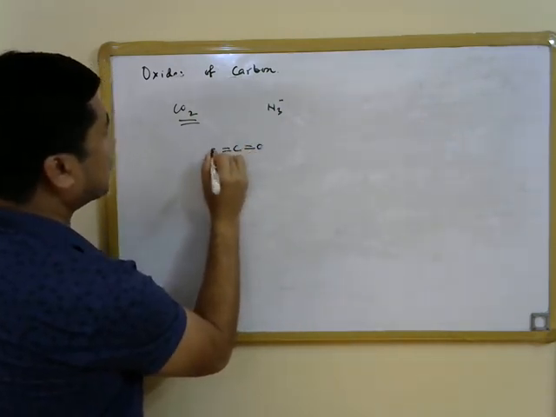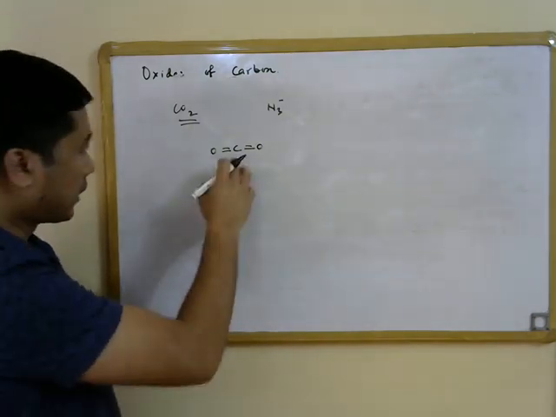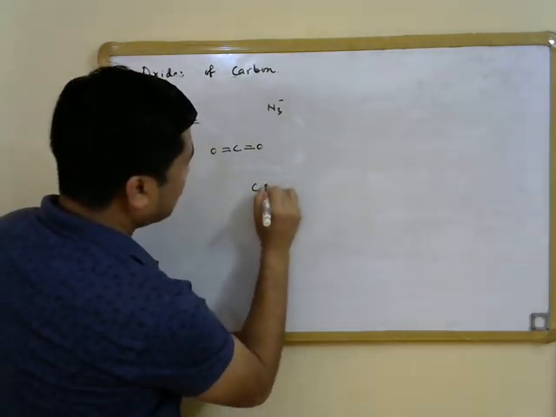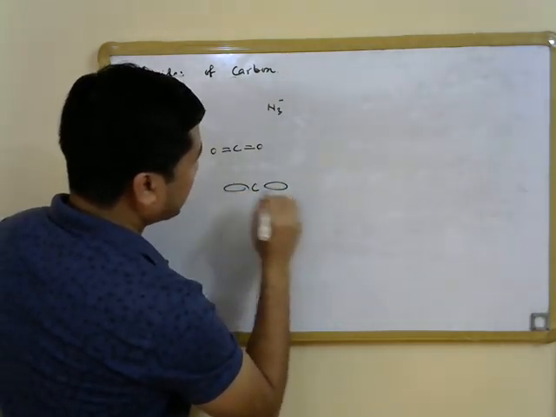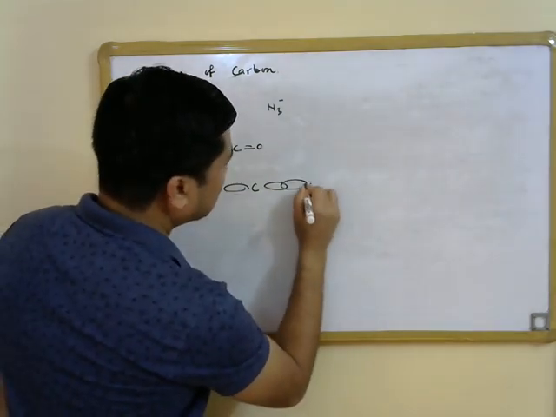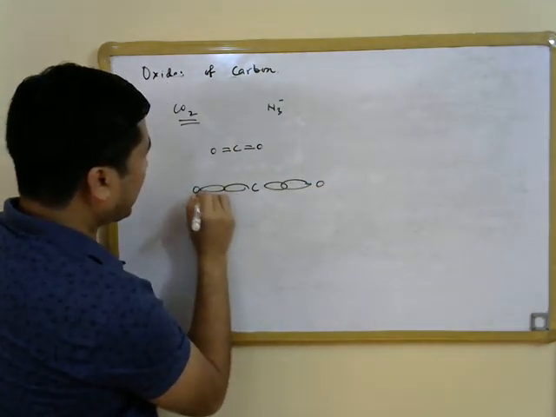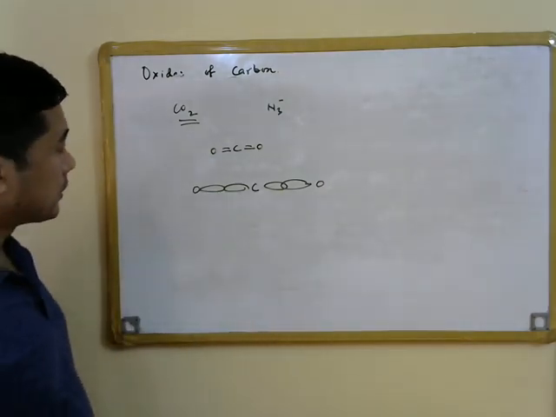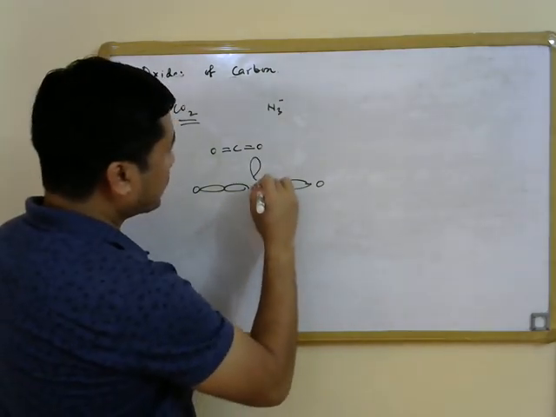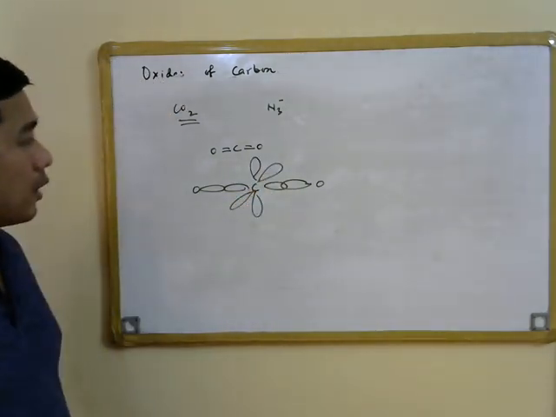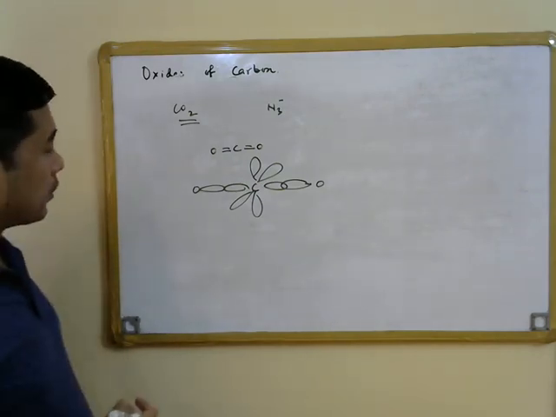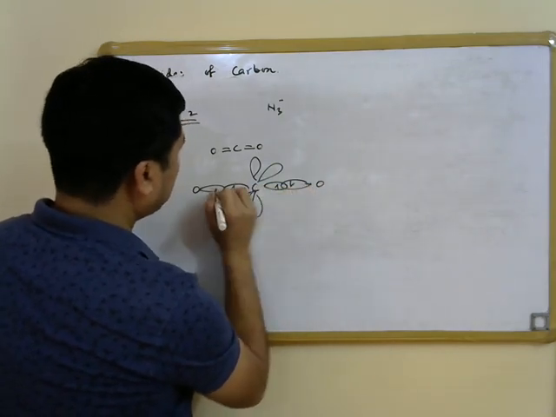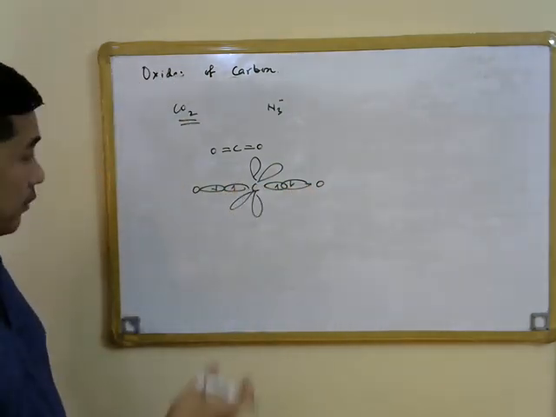Carbon atom is sp hybridized here, and so two of these sp hybridized lobes essentially form sigma bonds with the sp hybridized lobe of the oxygen atoms here, and then we will be left with two unhybridized perpendicular p orbitals here, which again carry one electron, because two electrons are used for formation of these sigma bonds with oxygen.